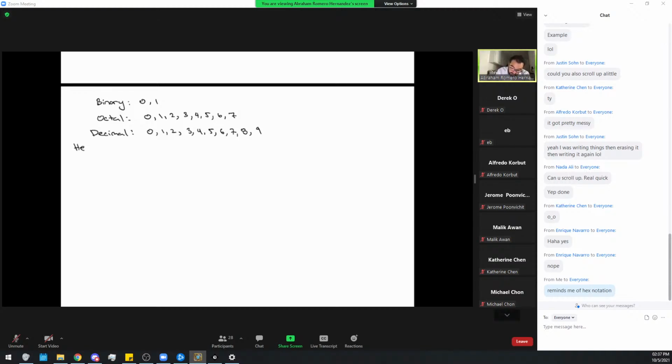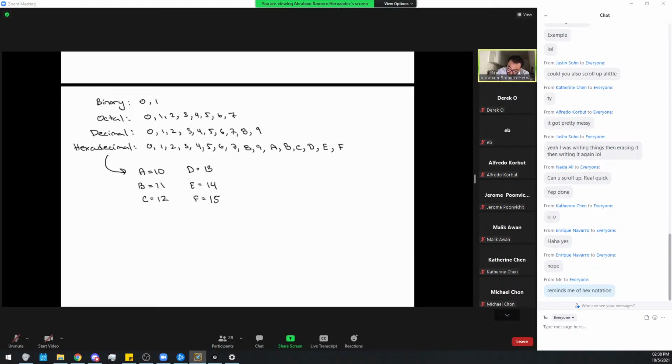Then we have hexadecimal. Hexadecimal is 0, 1, 2, 3, 4, 5, 6, 7, 8, 9, and then A, B, C, D, E, F. For those who don't know, A is equal to 10, B is equal to 11, C is equal to 12, D is equal to 13, E is equal to 14, F is equal to 15.